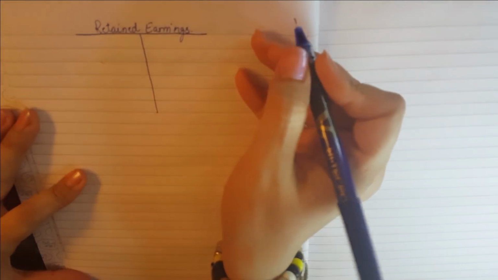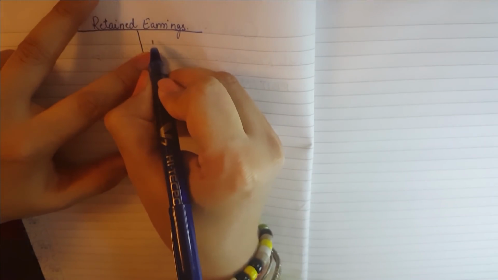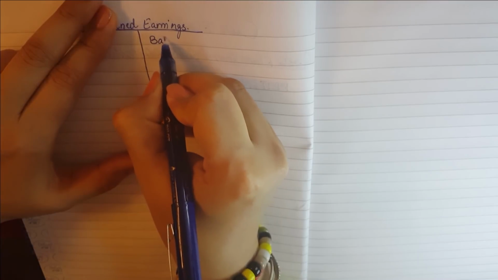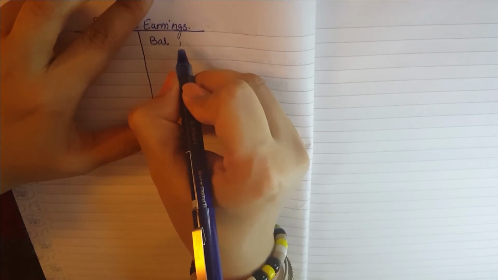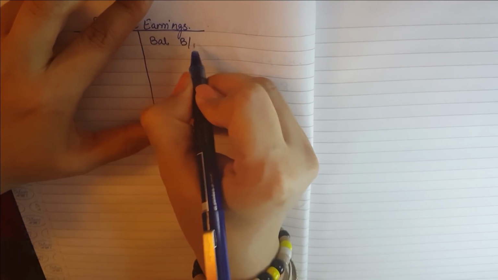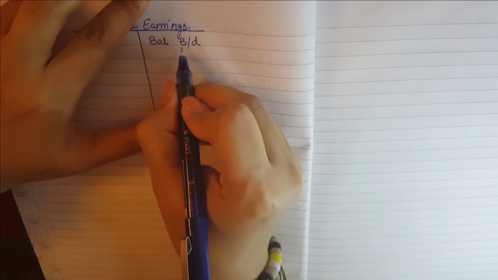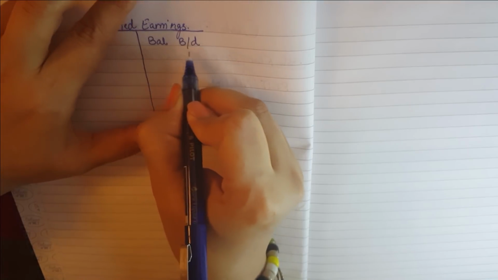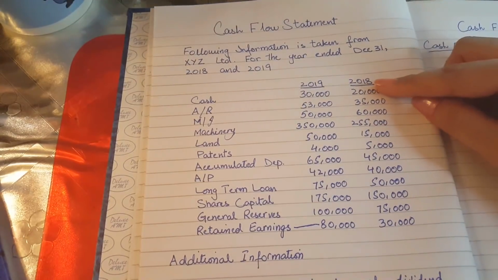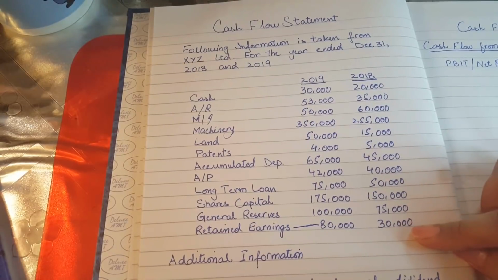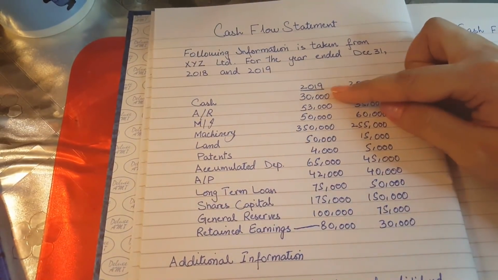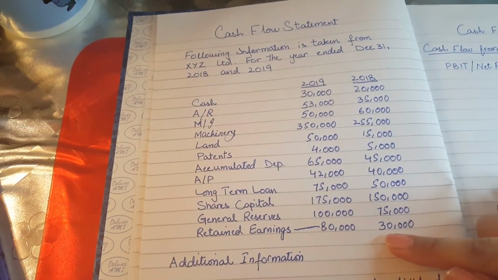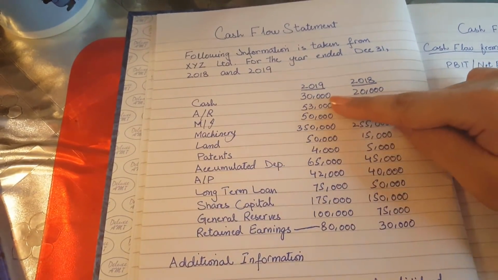So guys, in this question, we are given the retained earnings balance for year 2019. For retained earnings, we start with a credit balance, and here we will write balance brought down. For brought down, we write the abbreviation B/D. It means brought down. 2018's ending balance becomes 2019's opening balance, or we say the brought down balance for 2019.